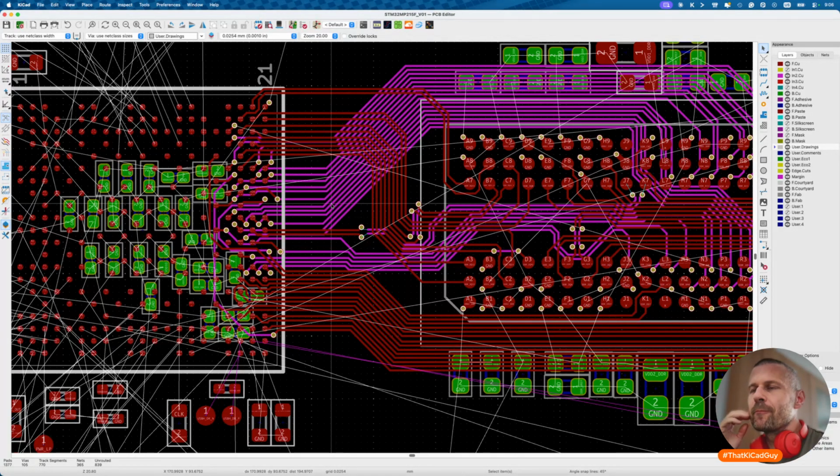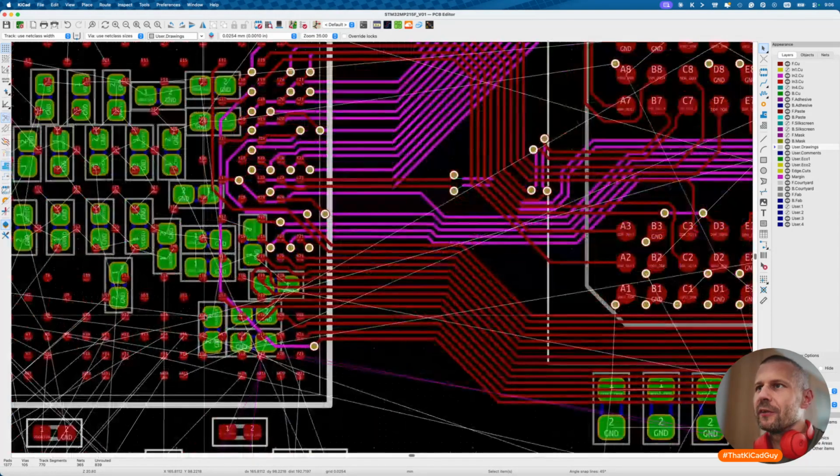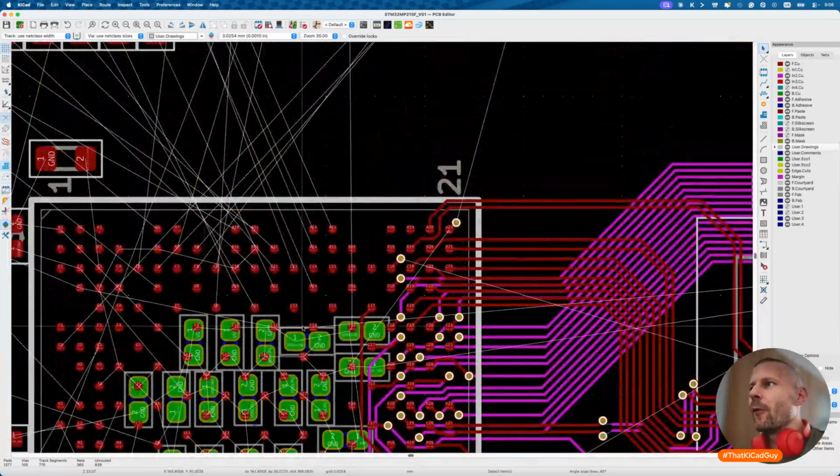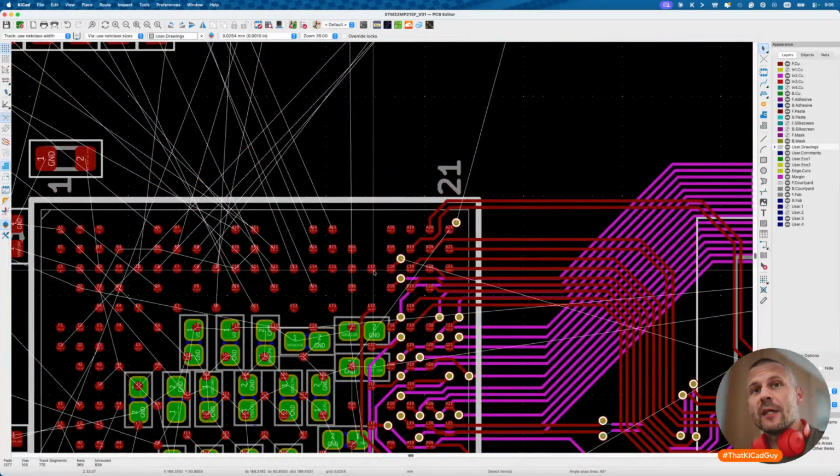What I do in advance of this process is that I have to finish the fan out of all paths that can be involved in the routing.